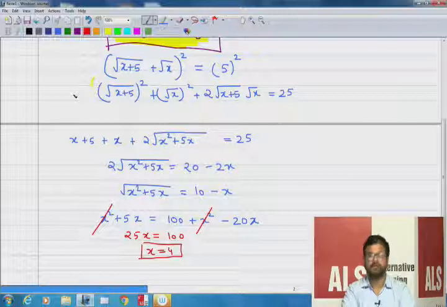Please respond, Kohima Center. Any doubt or shall we move ahead?